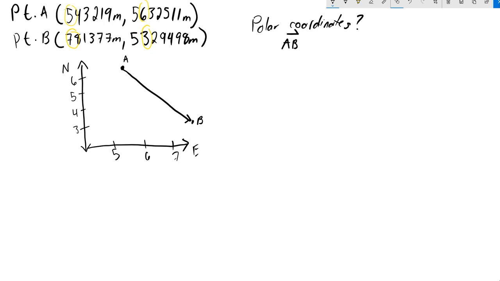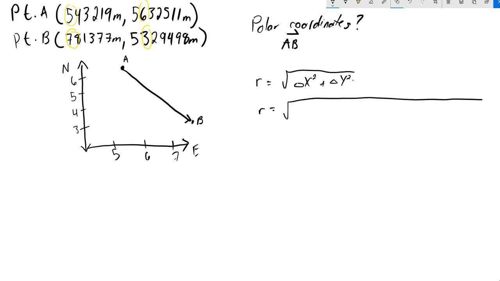So the radius is the easiest one to start with, because radius equals the square root of delta x squared plus delta y squared. So my radius equals the square root, and we're going to make this really long because it's big numbers.